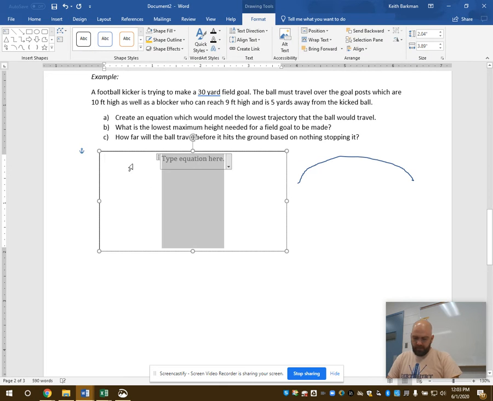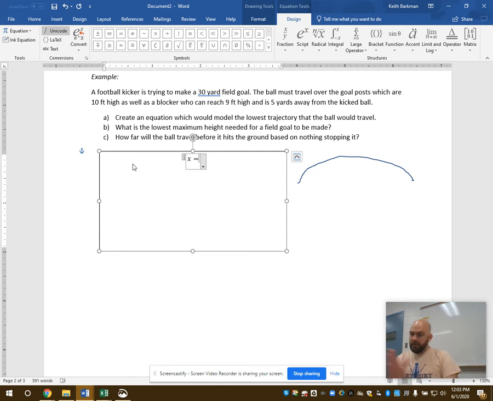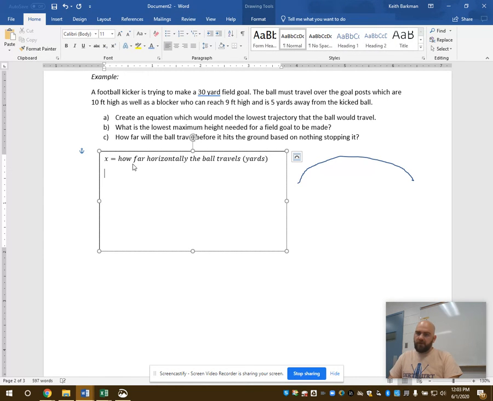Remember that x is going to be across. So x is going to be how far horizontally the ball travels, and this is going to be in yards. That's what we're given. We're given yards.